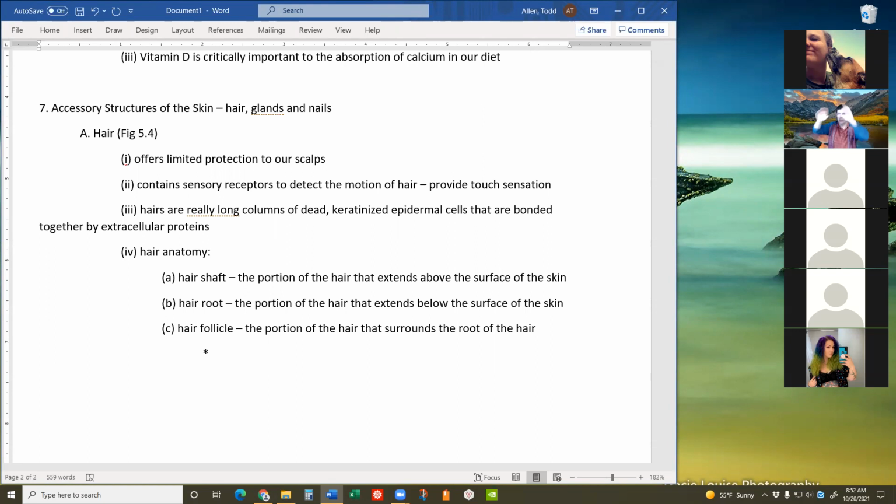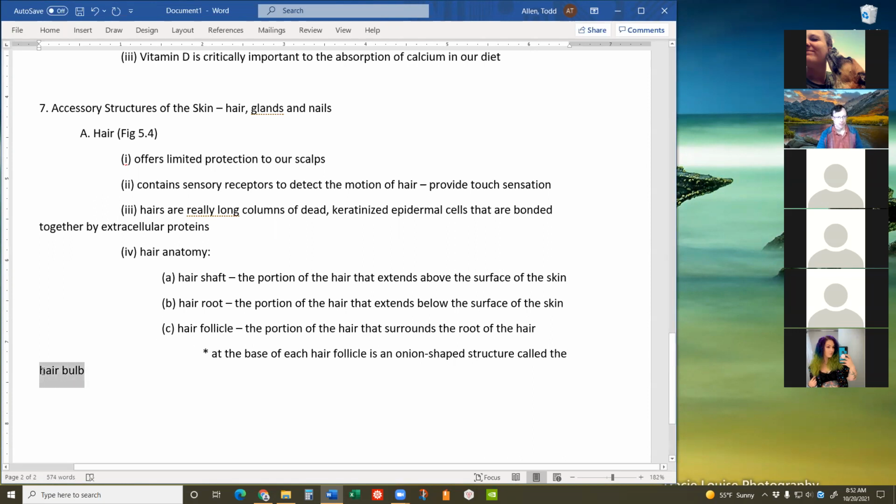It has layering like an onion. So notice the hair bulb at the base of each hair follicle is an onion-shaped structure called the hair bulb. We're going to talk a little bit about that.